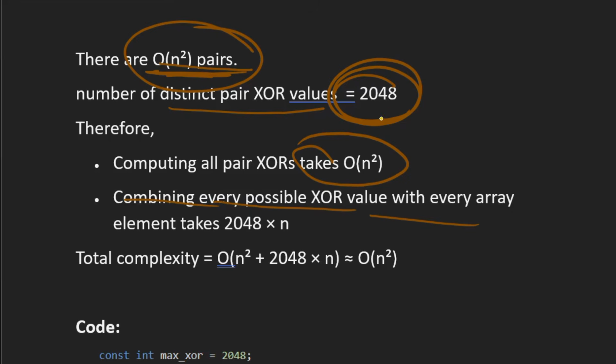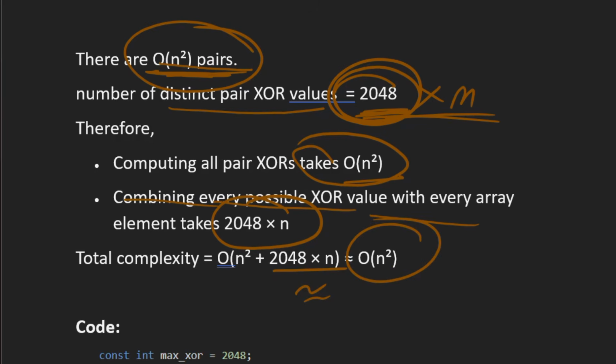What are the possible XOR values? 2048. And how many elements are there in the array? N. So that will take time 2048 into n. So the overall time complexity is big O of n square plus 2048 into n, and that we can write as big O of n square, right?